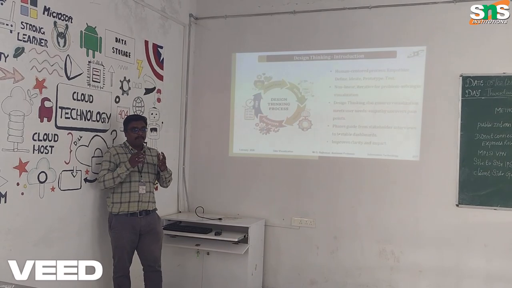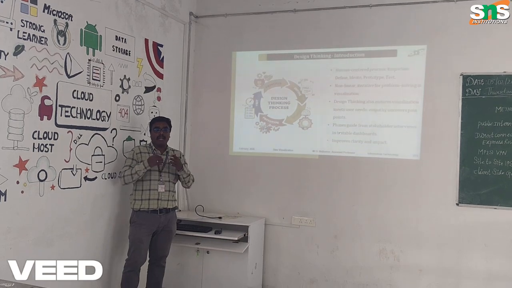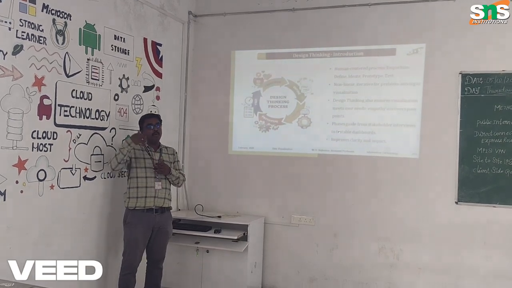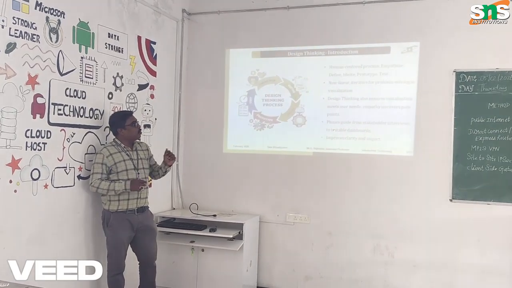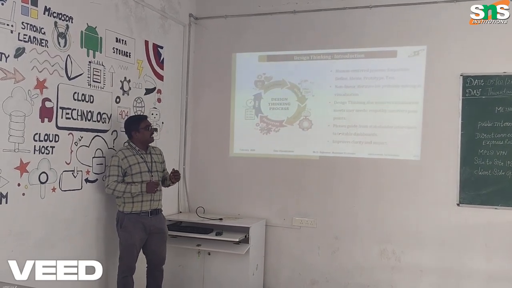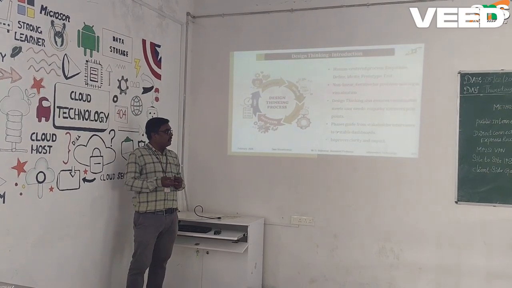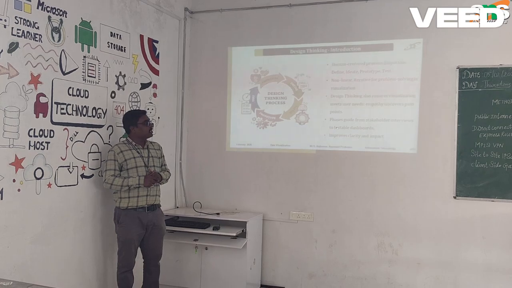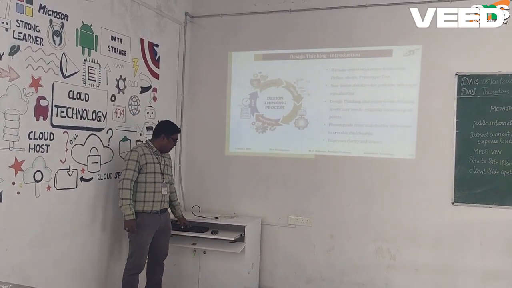From empathy, where it uncovers the pain points, we move all the way to the implementation stage. It is a phase-by-phase approach that guides us from stakeholder interviews to stable dashboards, and it helps improve clarity and impact.